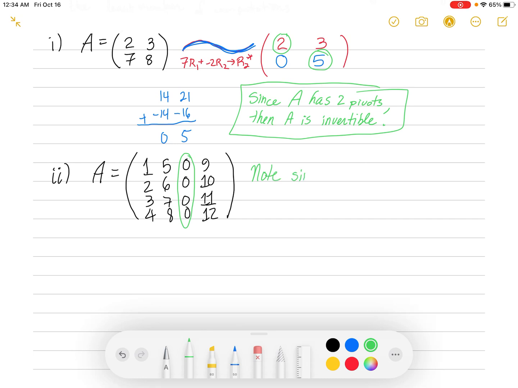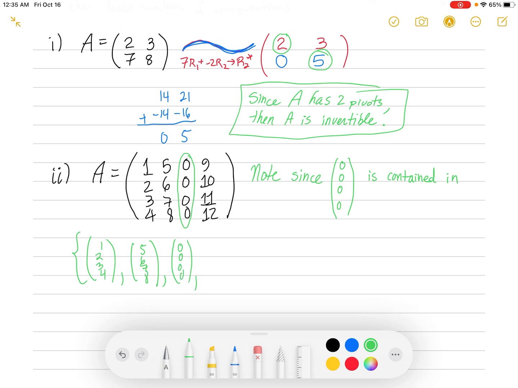So let's say note, since the 0 vector is contained in the following set of vectors: 1, 2, 3, 4, 5, 6, 7, 8, 0, 0, 0, 0, 9, 10, 11, 12.